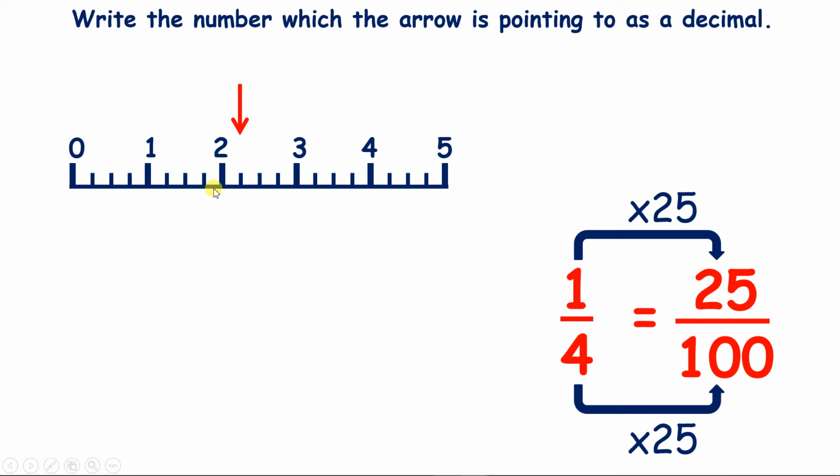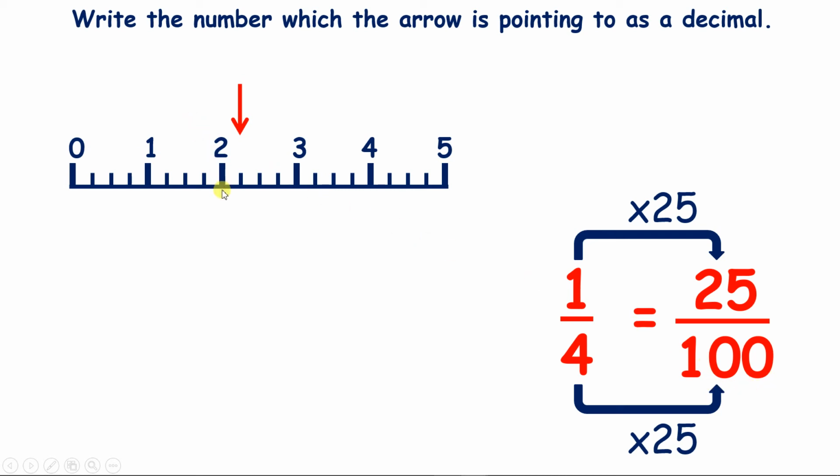So each of these lines represents 25 hundredths or 0.25. So because it's hundredths, we're using 2 decimal places. We're using 2 place values after the decimal point.